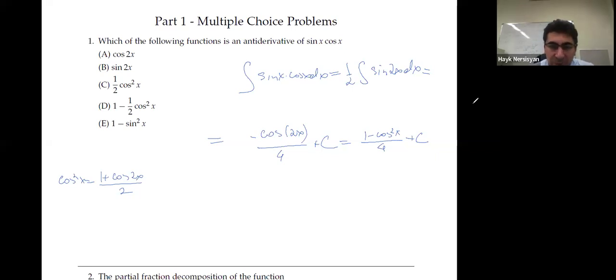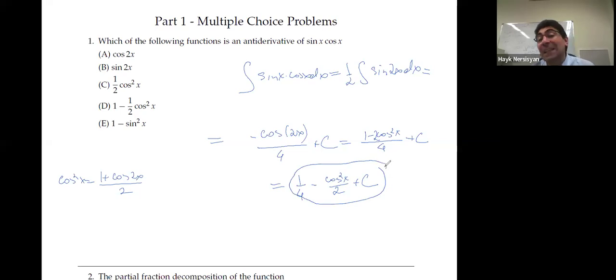I missed a 2 times. Sorry, I have to fix it like this. Do we have this answer given here? Let me modify it to make it more visible: 1/4 minus cosine squared x over 2 plus constant C. Do we have a given function of this form for some value of C?